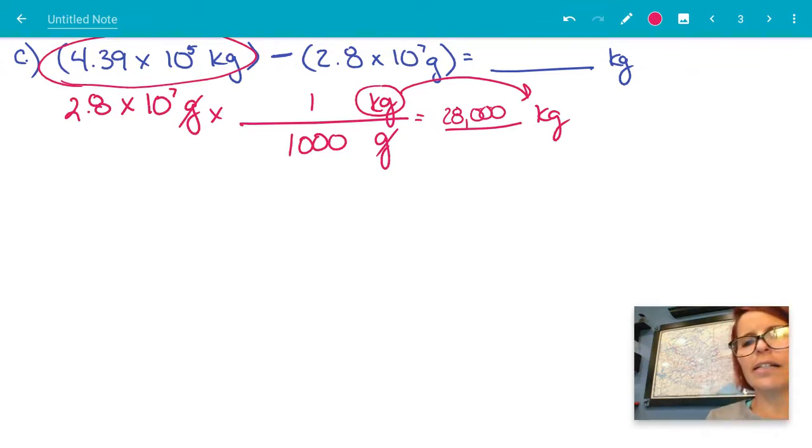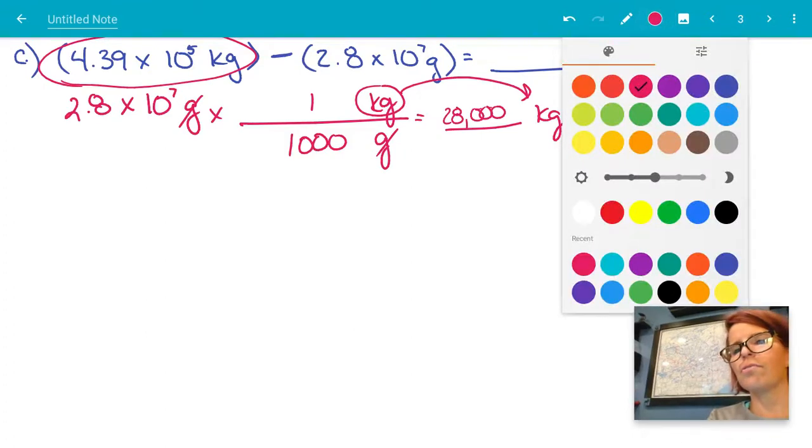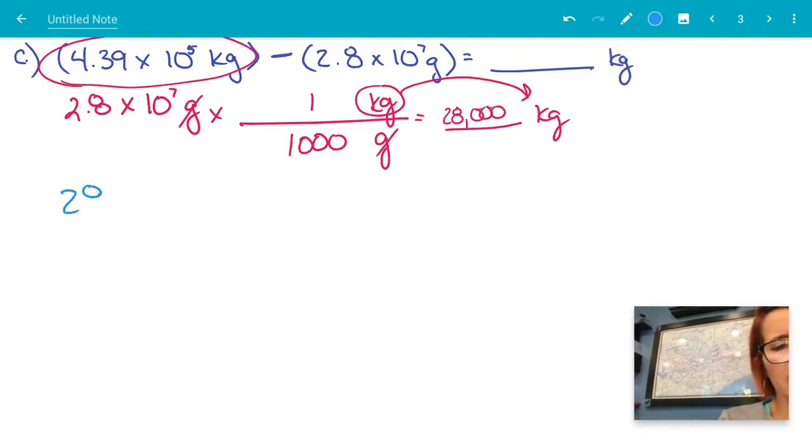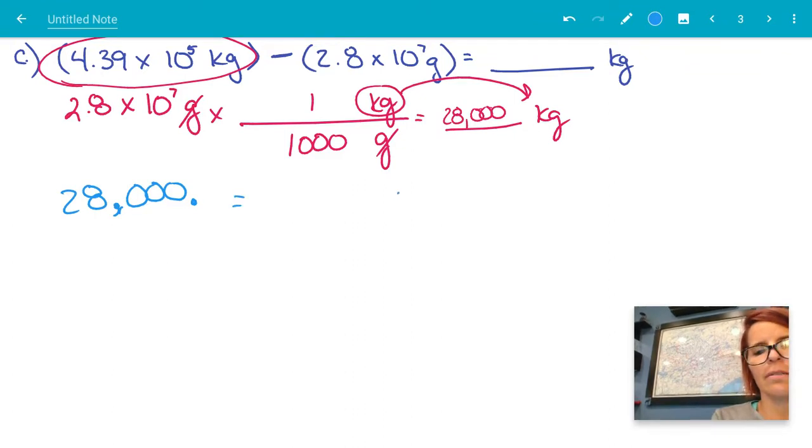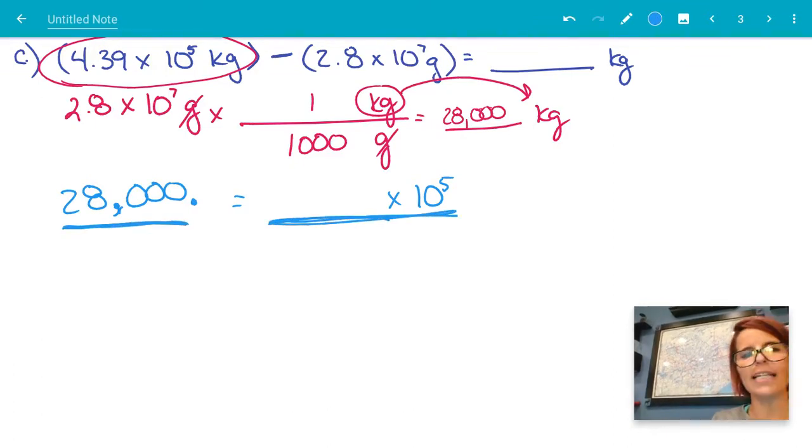So let's go ahead, and I'm going to switch colors so your eyes can see it better. 28,000, and that's a comma. The decimal is right there. I'm going to move the decimal 5 spaces so that I can say times 10 to the 5th. So this number here needs to be equivalent to 28,000.